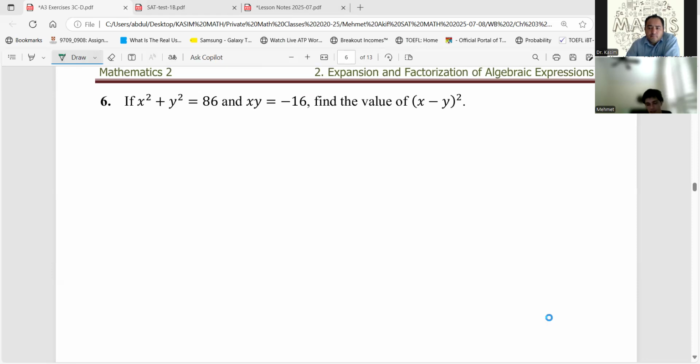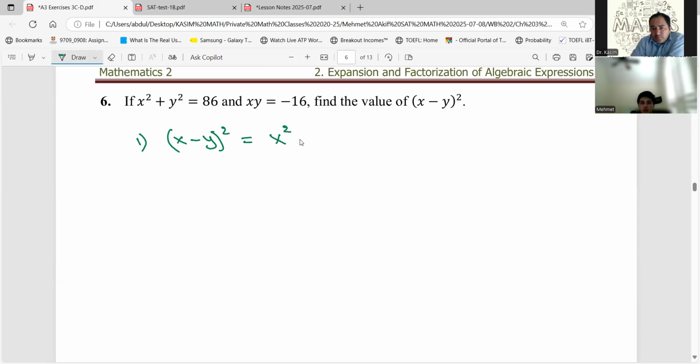I got x squared minus y squared, so there's no answer. How did you solve this? What did you do in the first step? I multiplied x minus y by itself. No, it's (x minus y) squared, like (a minus b) squared. We have just practiced a lot of questions, right? If you expand this, what do we get?